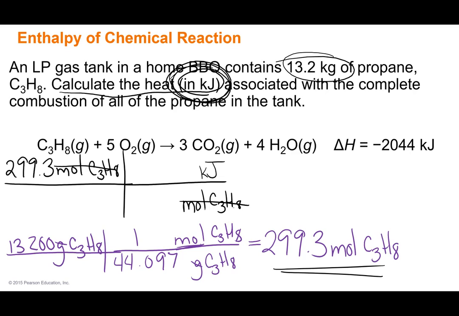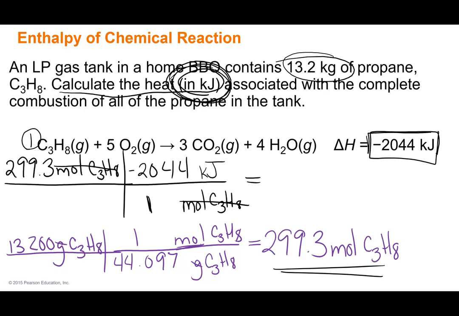So moles of this propane, we're going to go to the balanced chemical equation. We're going to take this coefficient and we're going to plug it down here. So for every 1 mole of propane, how much energy is being released? It's going to be negative 2,044 kilojoules. Okay.